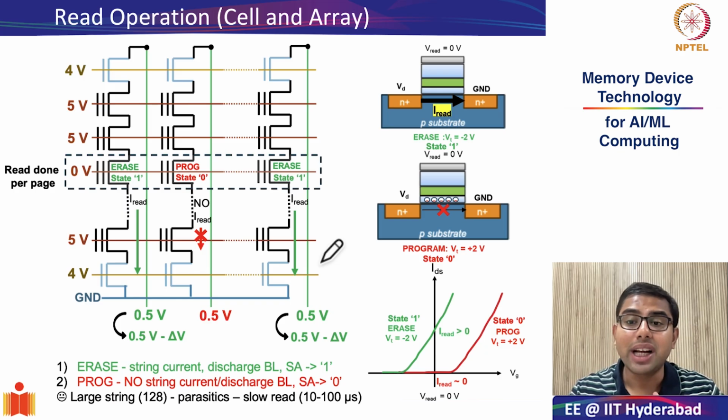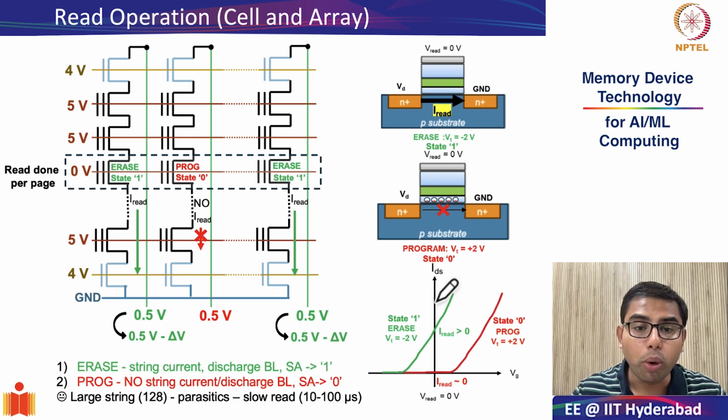In the read operation at the cell level, it is all about selecting the appropriate read voltage at the control gate. As you can see, the appropriate read voltage lies at the midpoint of the threshold voltage at the erase state and the threshold voltage at the program state.